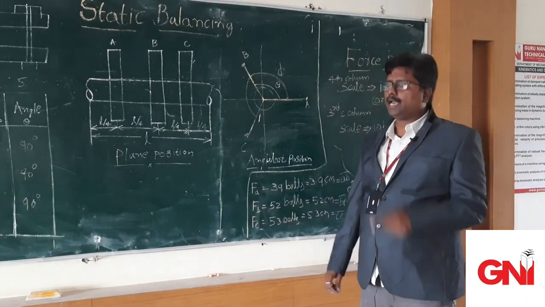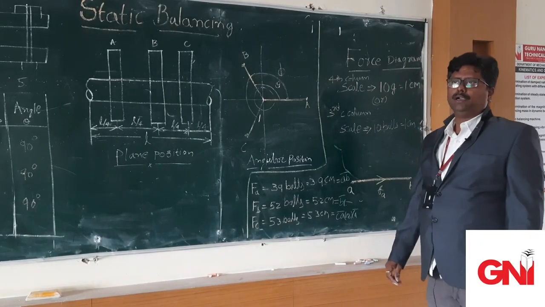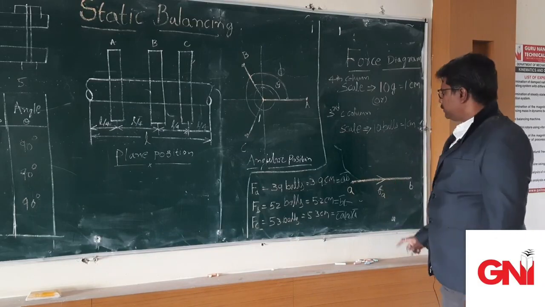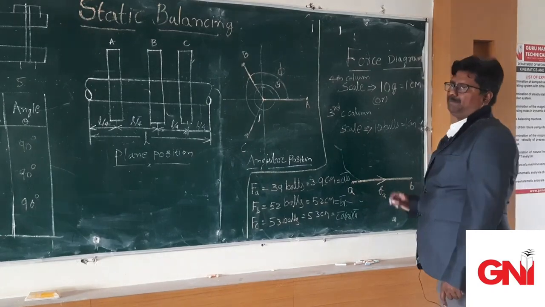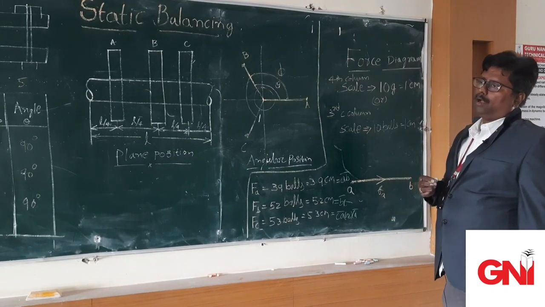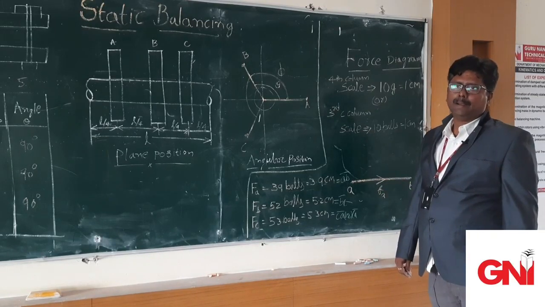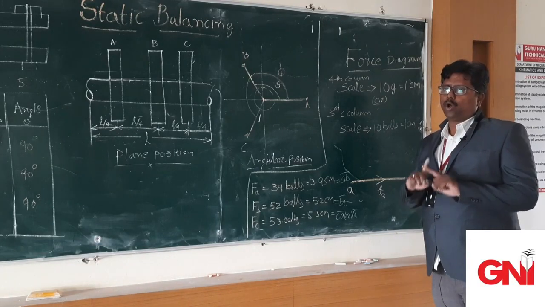That's the reason, after completing the AB vector, the next vector starts at the end of the first vector. Here the FA vector has starting point A and ending point B. So according to the polygon definition, the BC vector starts at point B. And also I know it's a closed loop.